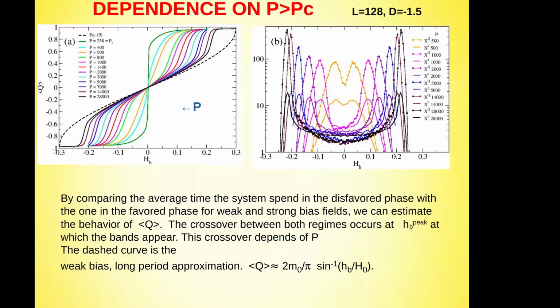As you increase the period, we are always increasing it starting from the critical point. This phenomenon is only seen for supercritical fields, supercritical periods. And as we increase P, in the region of small HB, our results are in excellent agreement with the predicted one. So that's good.